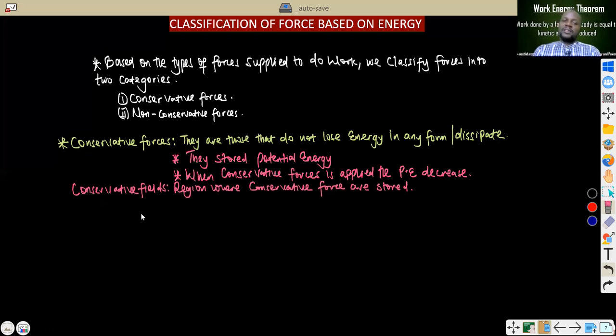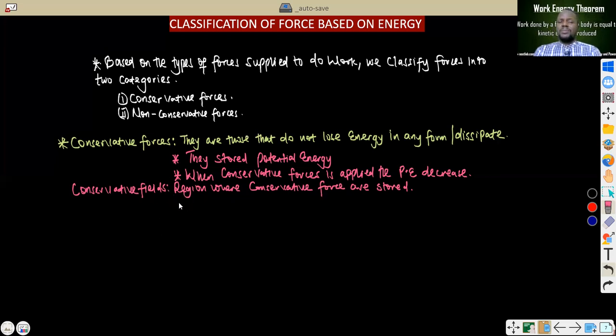So like I said, a conservative field is just a region where the conservative forces are being stored. A very good example, we are still going to illustrate, but I'm still trying to list out points about conservative force which students need to keep at the back of their mind.